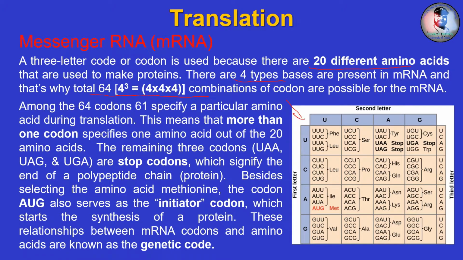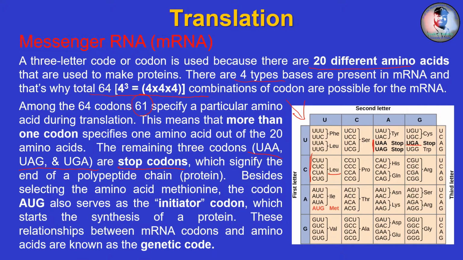for the messenger RNA. Among the 64 codons, 61 specify a particular amino acid during translation. This means that more than one codon specifies one amino acid out of the 20 amino acids. The remaining 3 codons, that is UAA, UAG, and UGA, are stop codons, which signify the end of a polypeptide chain.